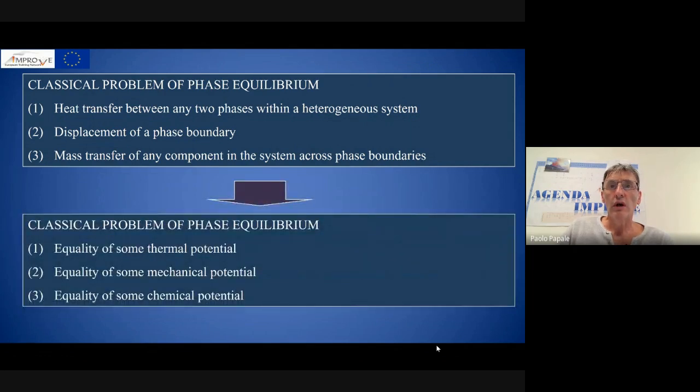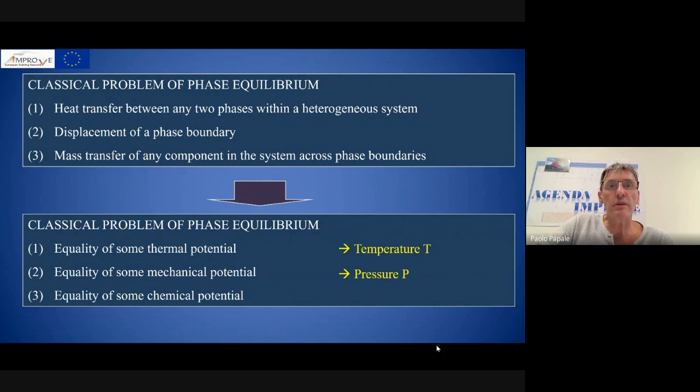We call a potential the quantity the differences of which cause the flow of mass or energy. The potential for heat flow is temperature, and thermal equilibrium requires that the thermal potential, represented by temperature, be the same across all phase boundaries. Similarly, mechanical equilibrium is achieved when the mechanical potential, represented by pressure, is the same across all phase boundaries.